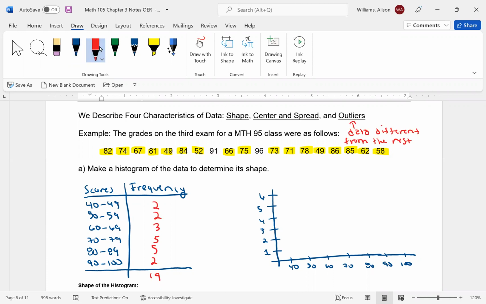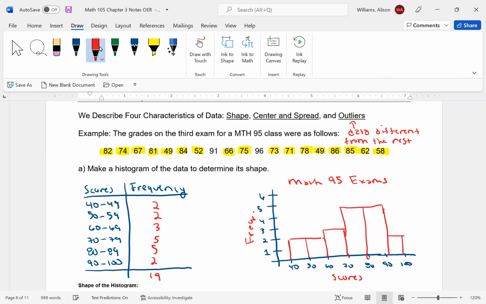And these are the Math 95 exams. These are the scores. And then this is the frequency. I'm going to go ahead and abbreviate frequency because that's fine. Okay, so 2 for the first category. And then we jump to 3. Then we jump to 5 for the next 2 categories. And then down to 2 again.